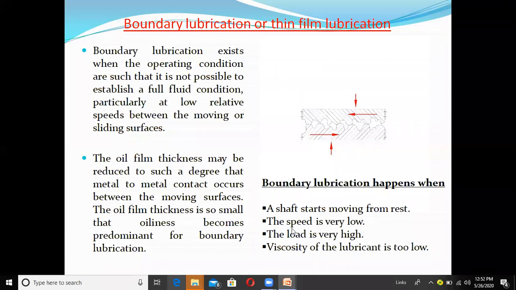Due to these reasons, boundary lubrication takes place. Even though there is a lubricant, there is contact between one component and the other. That process we call boundary lubrication or thin film lubrication.